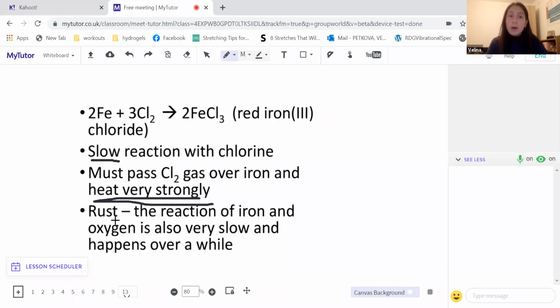And then some of you hopefully have seen rust. Well, hopefully you haven't, because rust isn't good. But you know that weird color that forms on metal, so that's rust. And that happens very slowly. That's why you can make stuff out of iron, because although it might rust in the air, it's a very slow process because our transition elements are really unreactive.